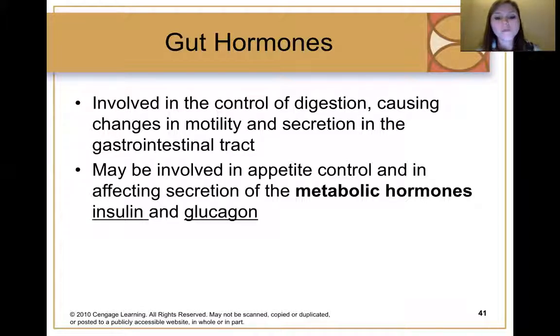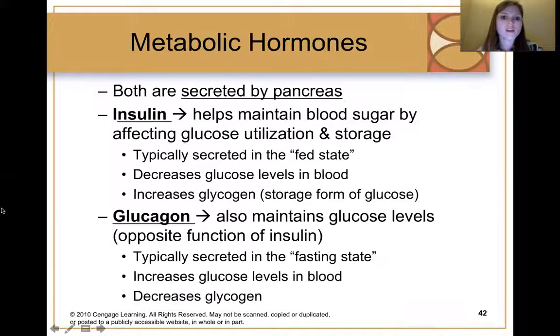Gut hormones may be involved in appetite control, as well as affecting secretion of the two major metabolic hormones, which are insulin and glucagon. These are the two that we're going to briefly talk about. For intro, you don't really need to know the exact specifics of these, but just have a general idea of what they do.